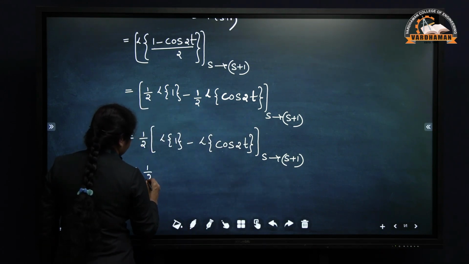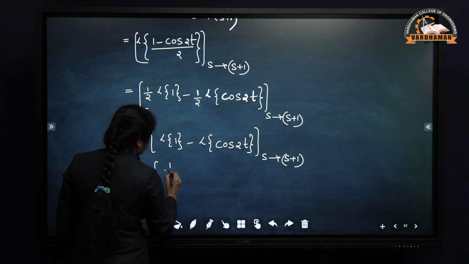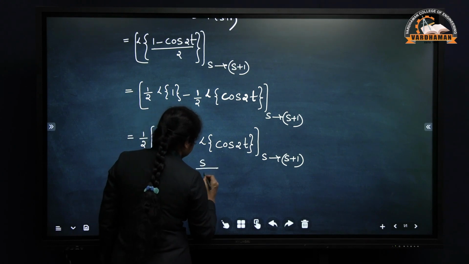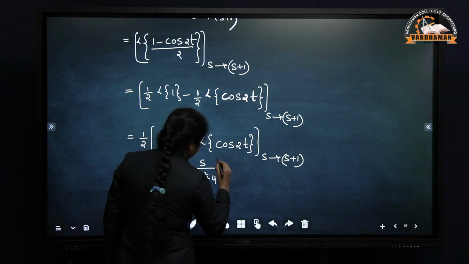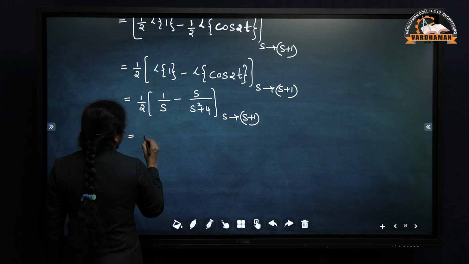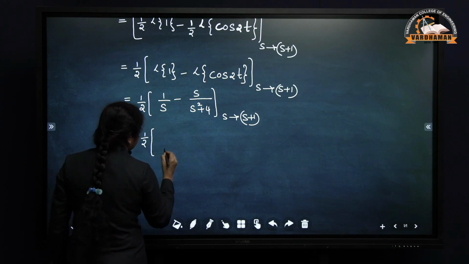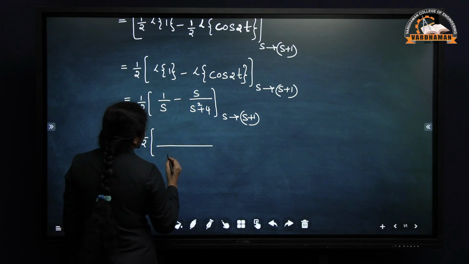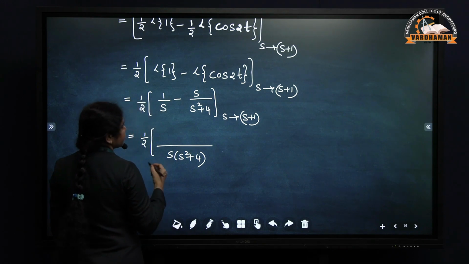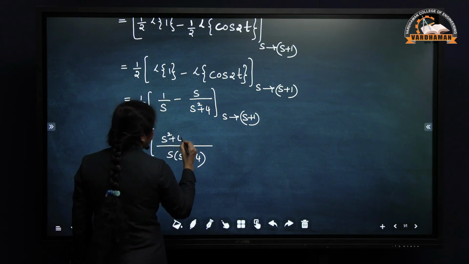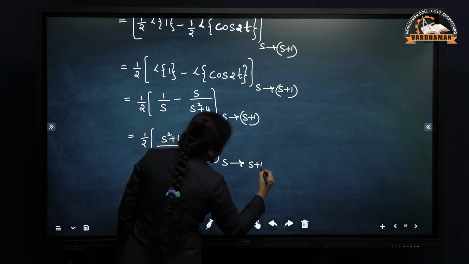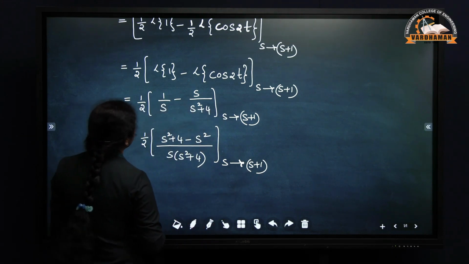This is equals to 1 by 2 into Laplace transform of 1 is 1 by s minus Laplace transform of cos 2t is s by s square plus 4, and change s to s plus 1. So this is equals to 1 by 2 into, here after simplification we get the LCM as s into s square plus 4, and in the numerator we get s square plus 4 minus s square, and here in this result we need to replace s with s plus 1.